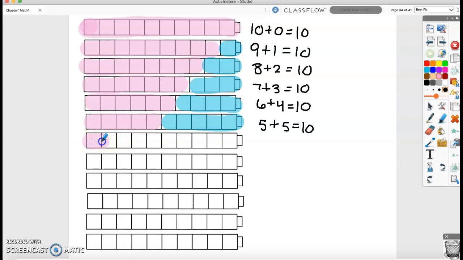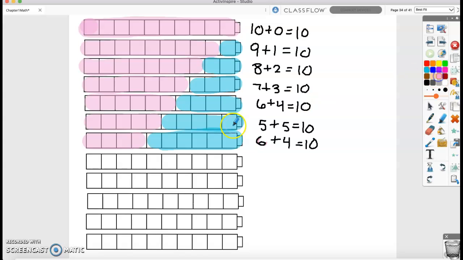Here we go. I'm going to color this many in pink and this many in blue. Think about what you think it should be. If you said 6 plus 4 equals 10, awesome job.